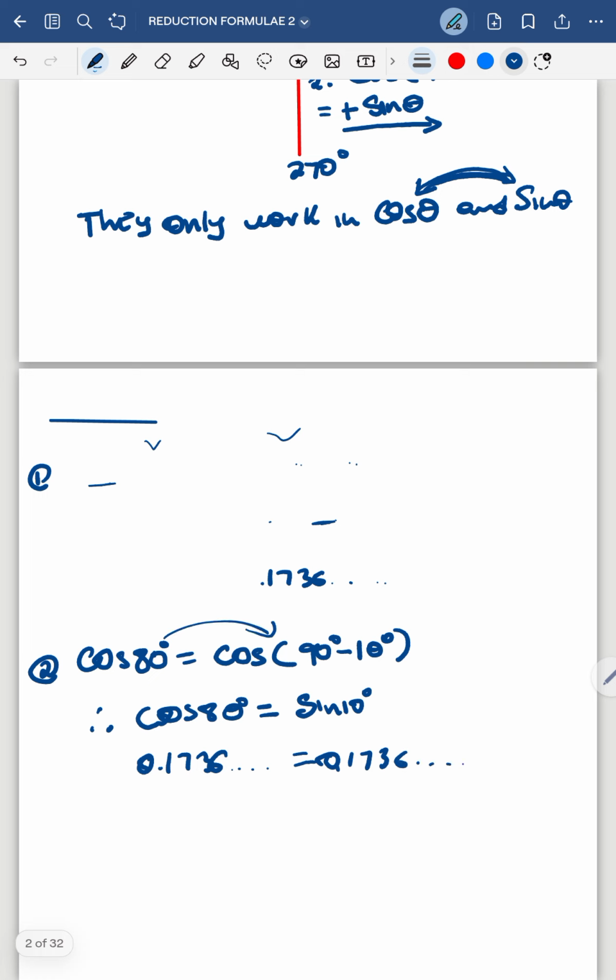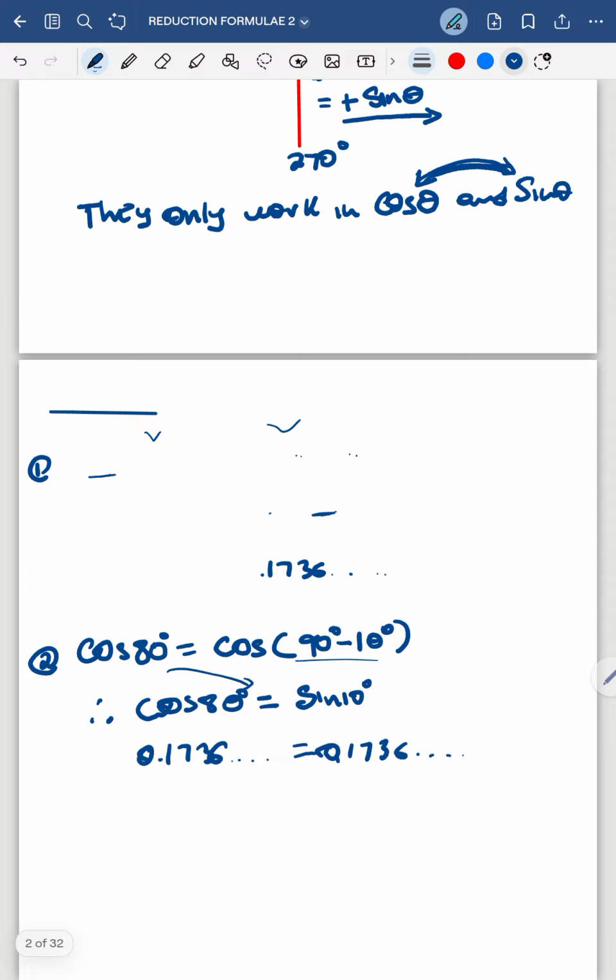They are equal because they are cofunctions. Cosine 80 degrees and sine 10 degrees are the same thing. But for you to see, you must expand first, okay? One thing I can tell you, cofunctions only work on acute angles, angles that are less than 90 degrees. So that's where you're going to use the cofunction.